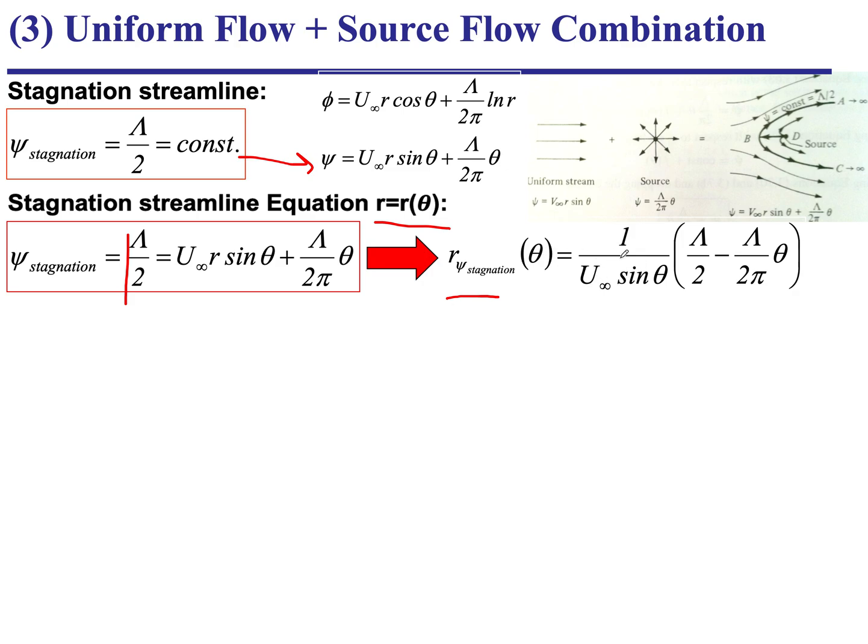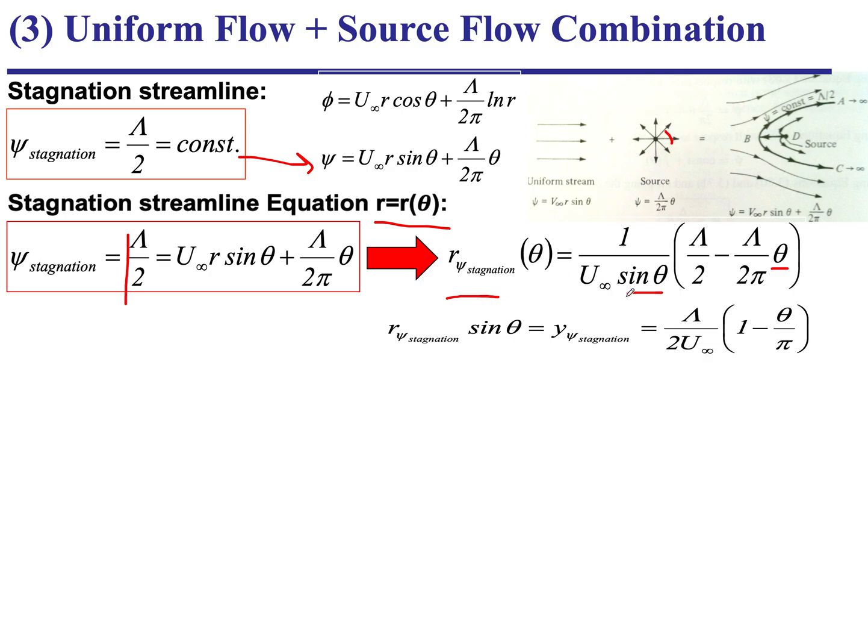The shape now, what does the line look like of this streamline? It's going to have this 1 over sine theta relationship multiplied by a theta. And how does that look? So remember, r cosine theta gives you an x, and r sine theta gives you a y.